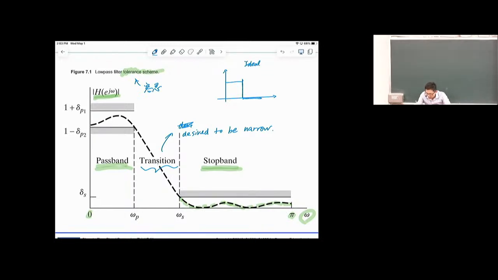If we just vaguely call the transition width delta omega, then in an ideal filter, delta omega is 0, and that's why we call it ideal. But very soon we'll discuss why this is impossible to implement. Conceptually it's there, but it turns out that it is impossible to implement.